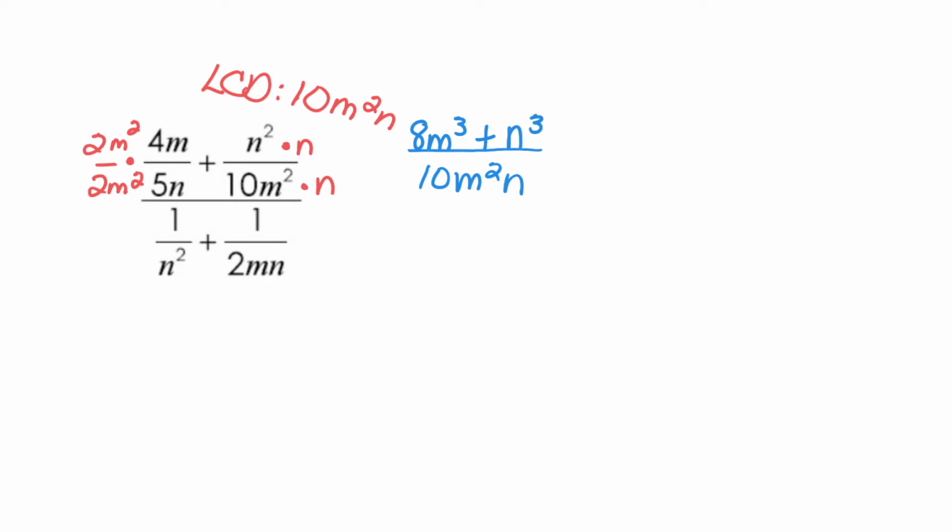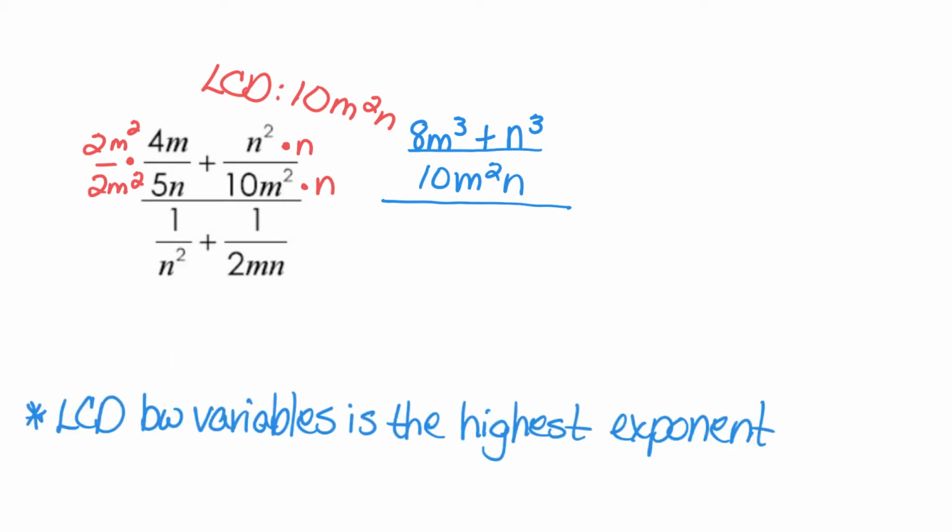Now let's do some work on getting a single fraction in this area right here. So we need to find out what the common denominator is between the two here. Now remember that on variables, in order to have the common denominator between the variables, it's the highest exponent. We'll look at the variables in a minute, but if we look at the common denominator between 2 and 1, it's going to be 2.